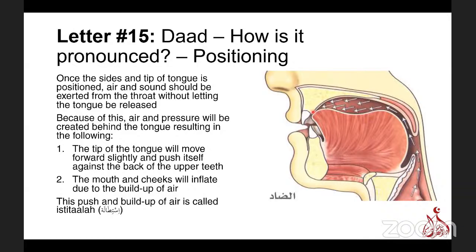First, the air comes in, then the air fills up, then the tongue goes a bit forward, and then the tongue is released to make the Daad. Because it's very long, this whole process is called istitala. Only the letter Daad has this process called istitala. So this is generally how the letter Daad is pronounced. After that, you release your tongue and say Daad, and whatever it may be.